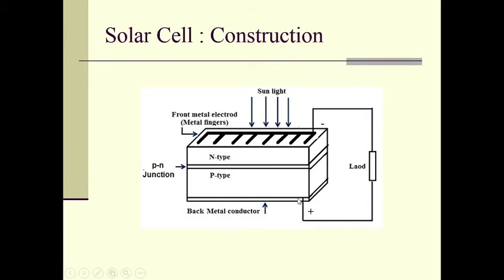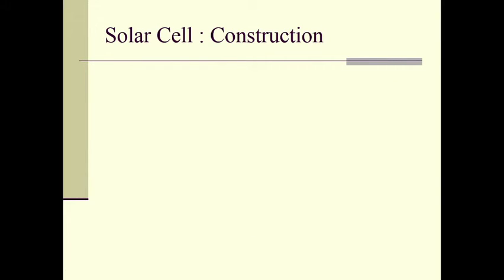And we have a back metal conductor coating on the outside of this PN junction. Two electrodes, N type and P type, are attached and we have an applied load, where we can measure the voltage produced.